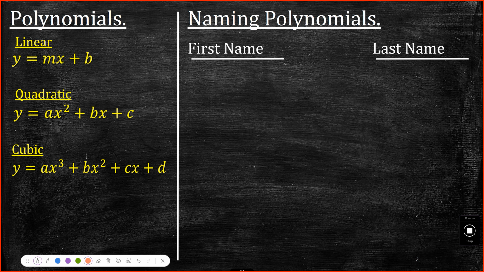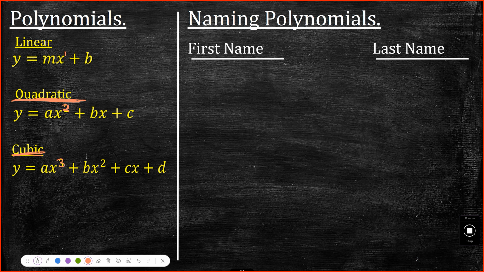So for a linear function, what is the highest degree? The highest degree is 1. For a quadratic, not quartic, what's the highest degree? What's the highest degree for a cubic? What's the highest degree for a quartic?